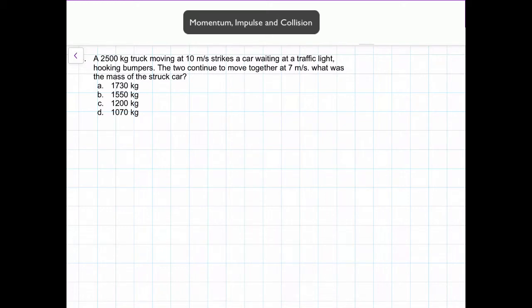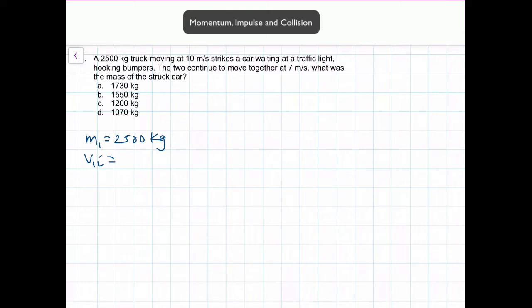Then let's go ahead and see another type of question. We're trying to see all varieties of problems so that you will have an overall understanding of the material. So now you have a 2500 kilogram truck. We can call that mass 1, which is 2500 kilograms, moving at 10 meters per second.